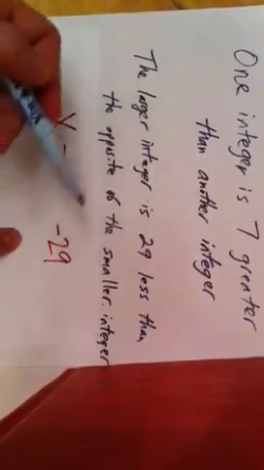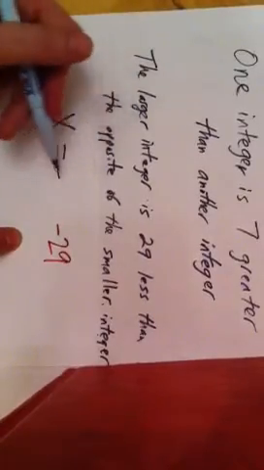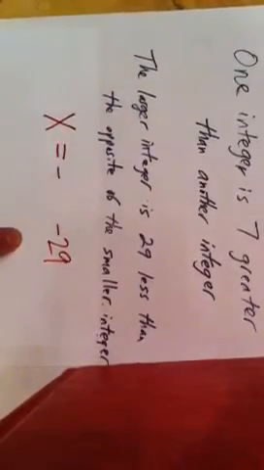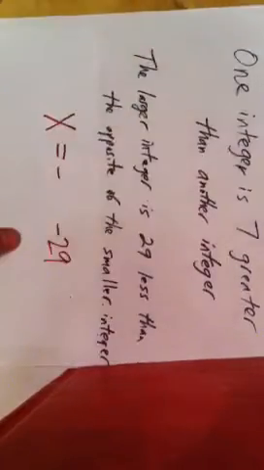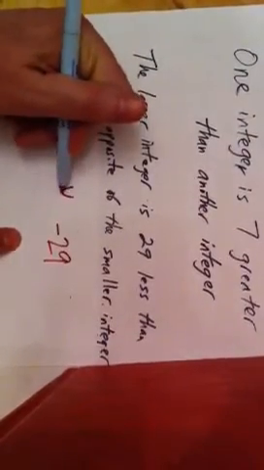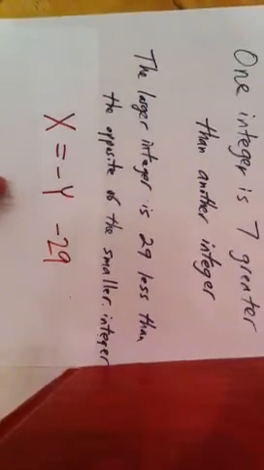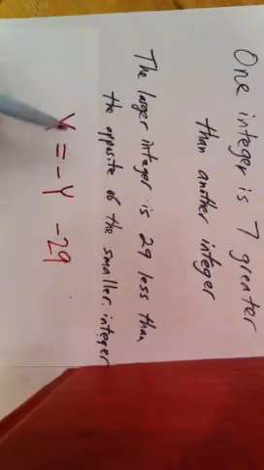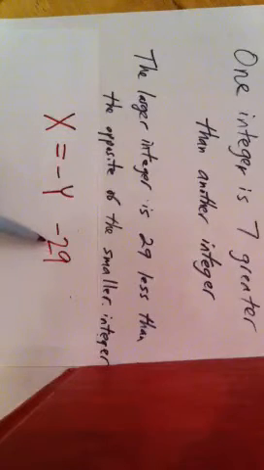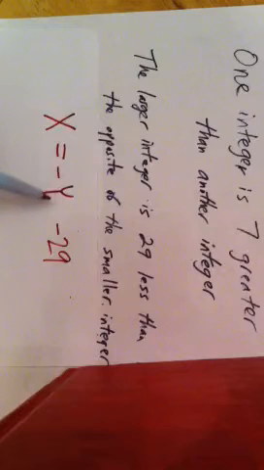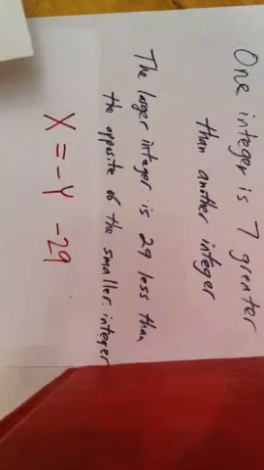So the opposite of the smaller integer is actually minus or negative. And what was the smaller integer? What did we say? Smaller integer is y. So the opposite of the smaller integer is negative y or minus y. So let's see if that makes sense. The larger integer is 29 less than the opposite of the smaller integer. Wow. Okay, well, that's your tough part.